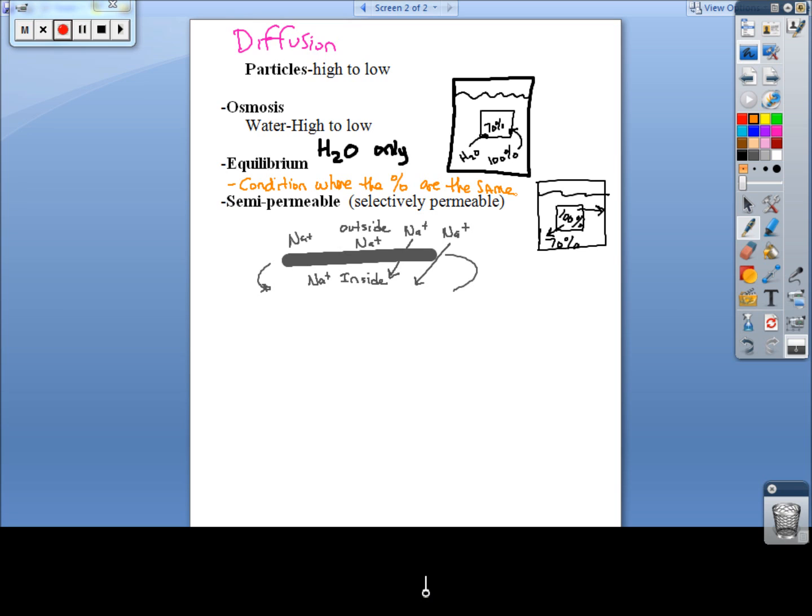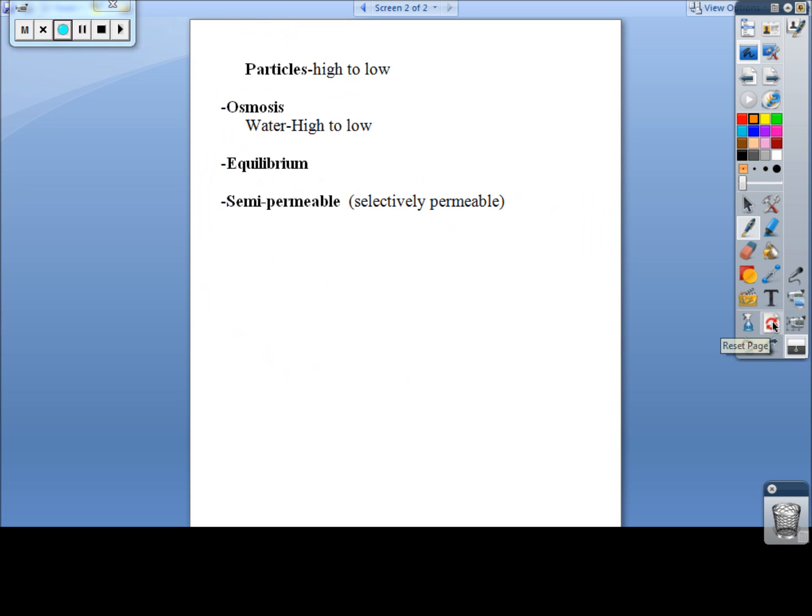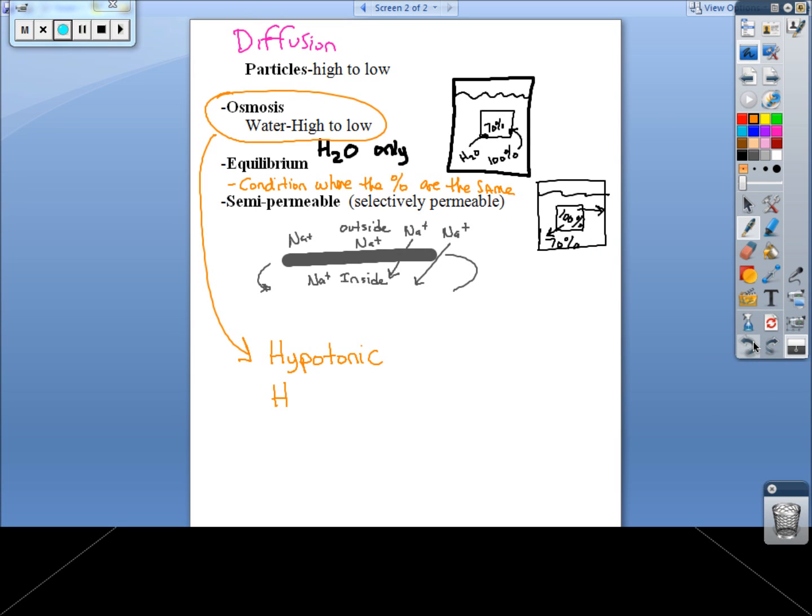There's a couple more things I wanted to show you. There's these terms. They have to do with osmosis. So we're going to draw an arrow here. And 3 main terms. You have hypotonic, hypertonic. We're actually going to change this here. Go back. That wasn't good.